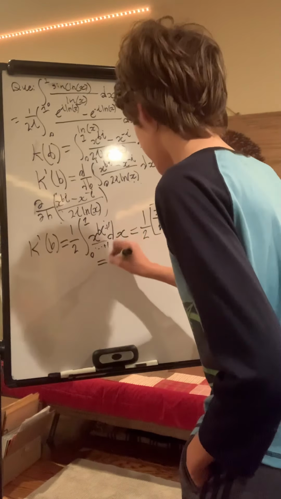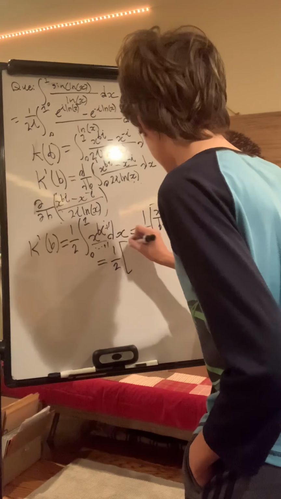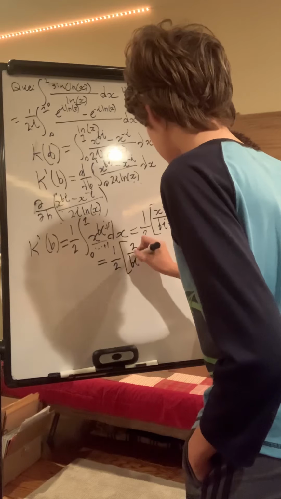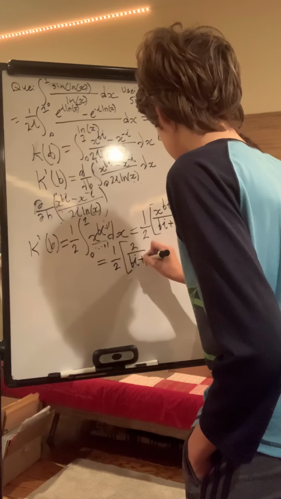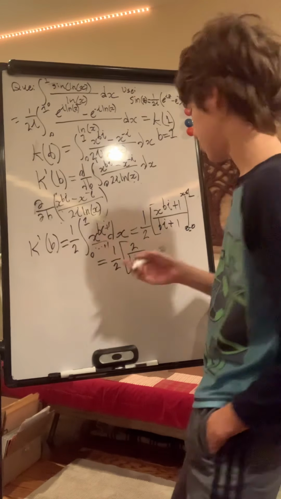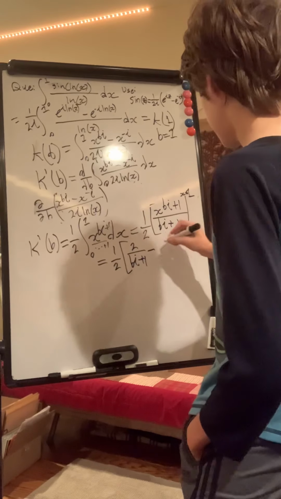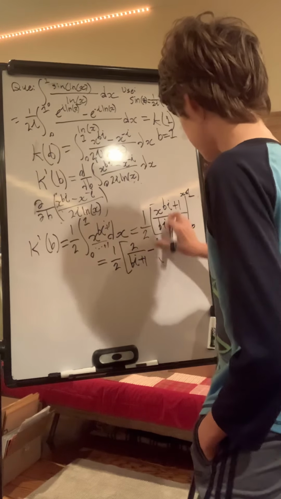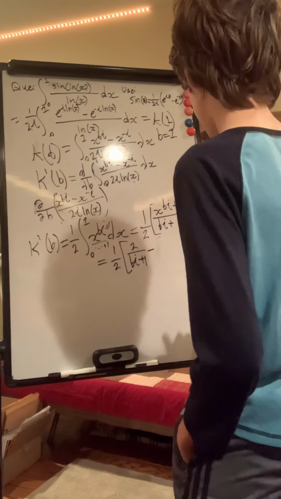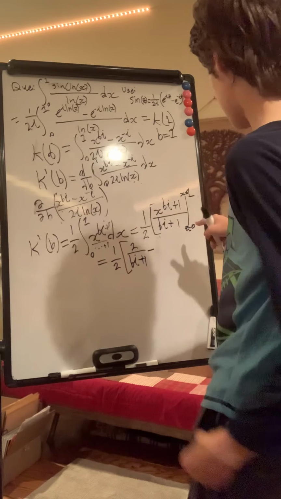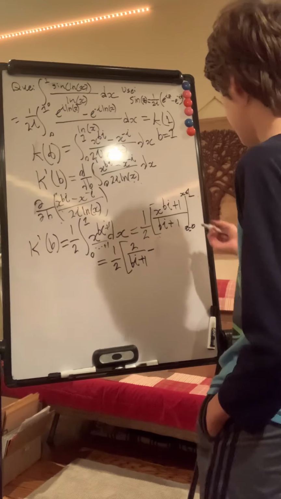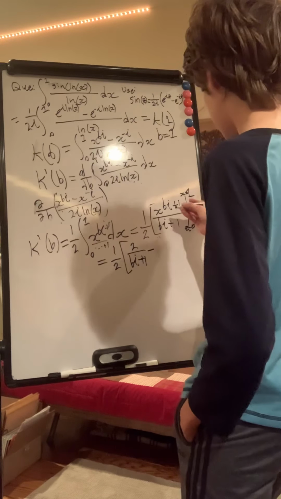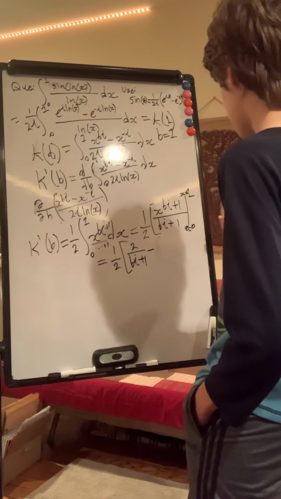So we just get 1/2 times 2 over bi plus 1. So that's what happens when we plug in x equals 1, minus, we could put the brackets there, but we don't need to. We can just do this directly. And here we directly plug in x equals 0.